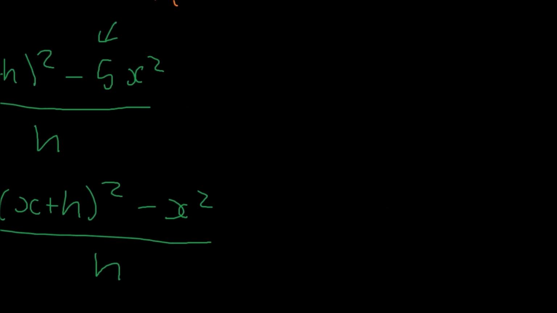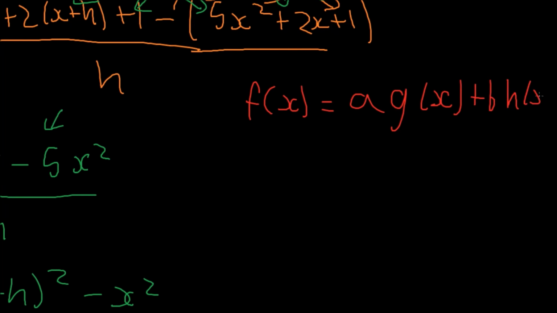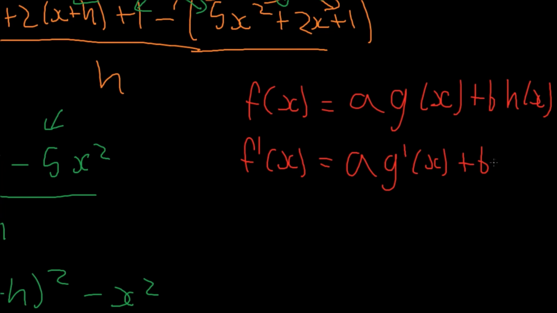So essentially, what's happening here is that when you have the derivative of something, so f of x can equal some number a times g of x plus some number b times h of x, the derivative f prime of x is going to equal a times the derivative of g of x, g prime of x, plus b times the derivative, h prime of x.